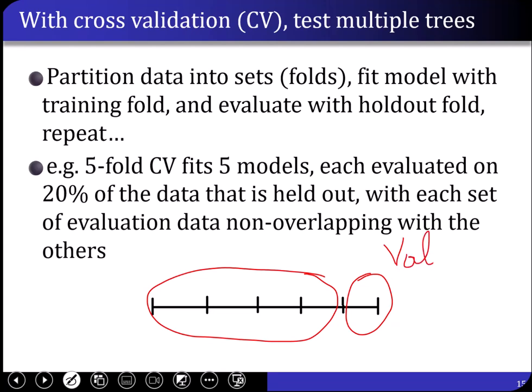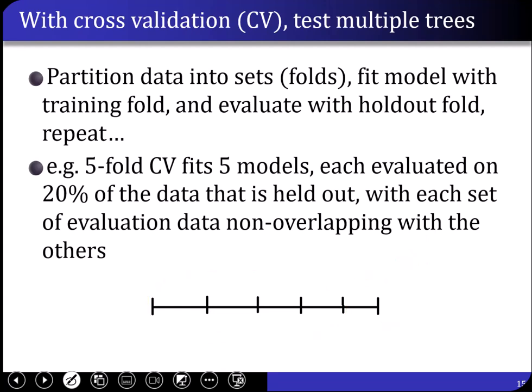You evaluate the performance of your model based on this validation, and then you change the validation. In the second step, this is your validation set. In the third step, this is your validation. In the fourth step, this is your validation. And in the fifth step, this is your validation set. So you are going to have 5 different validation sets. You evaluate your model based on an average of your 5 different validation sets, instead of using only one validation set. So this is the idea of cross-validation.